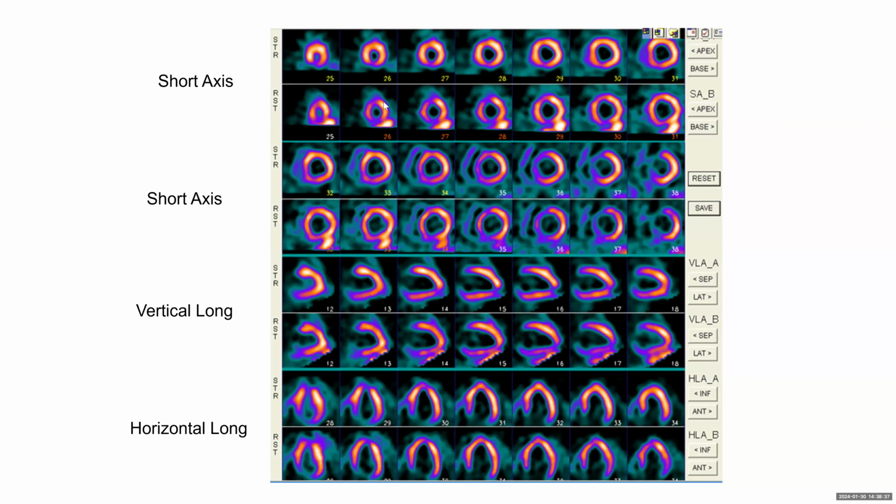So there is a very clear reduction in the uptake of the radiotracer in the anterior and anteroseptal wall, okay, that actually improves at rest. There is also some improvement in perfusion in the apex and also in the distal anterior wall and anterolateral. You can look at this here, stress versus rest. There is a little improvement in the perfusion anteriorly, although you don't see it here.